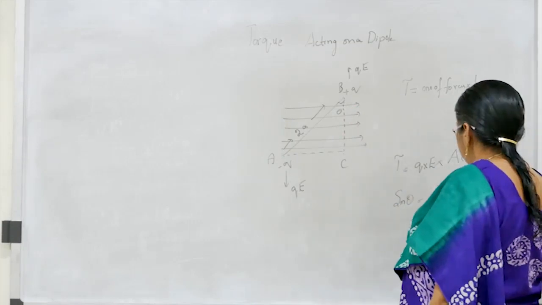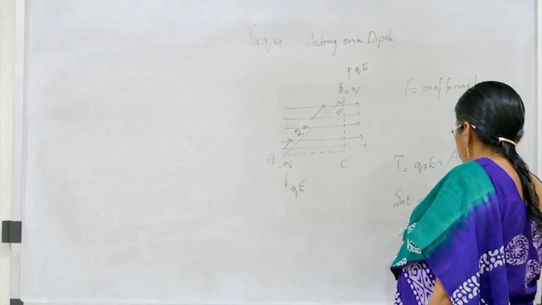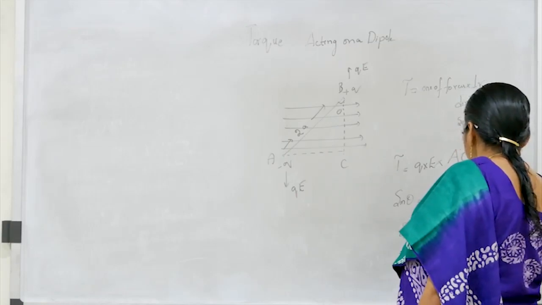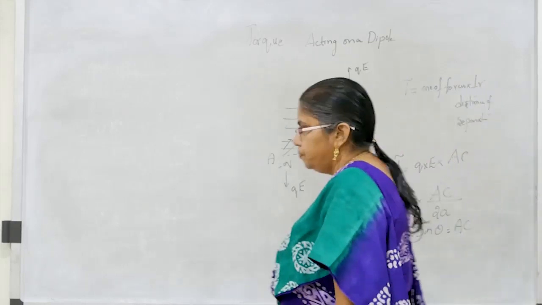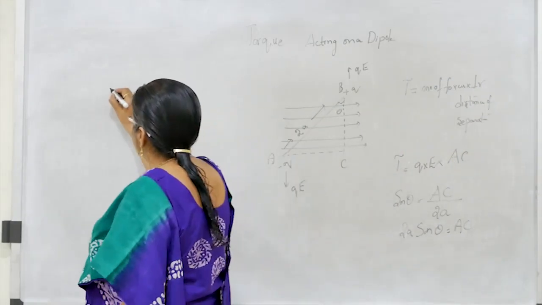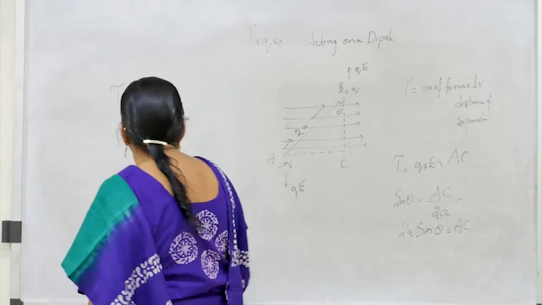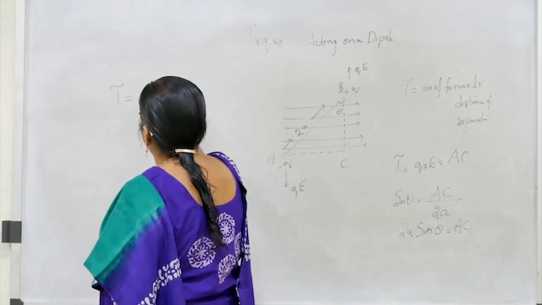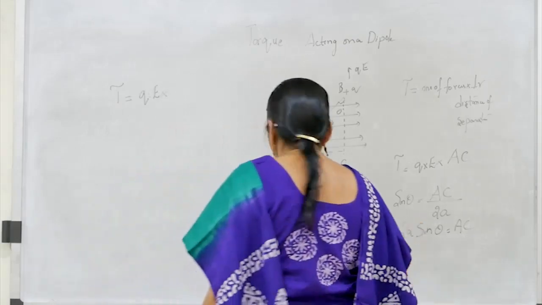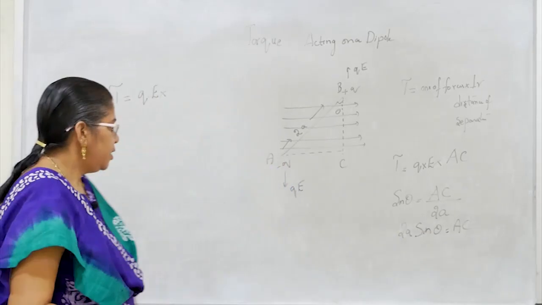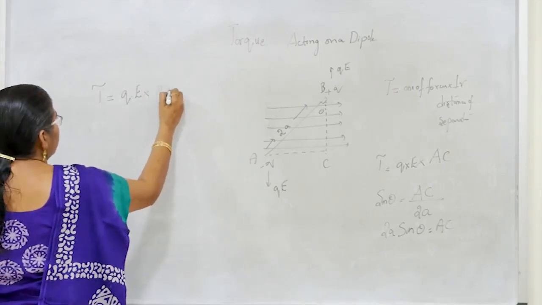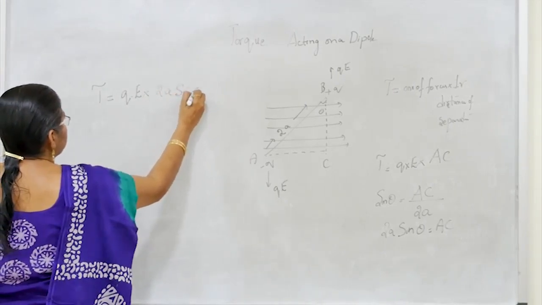So this gives 2a into sine theta is equal to AC, and I substitute in the torque: tau is equal to Q into E into, in place of AC, I substitute 2a into sine theta.